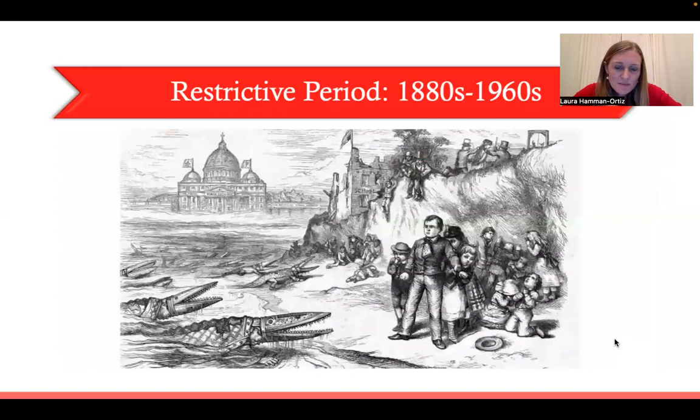And I think it's important to point out that it wasn't just Asians and Chinese immigrants that were being vilified in this way. I often share this with students because I'm Catholic, grew up Catholic, and even Catholics at this time were seen as a group to be feared. This is an example of Catholic bishops represented as alligators, who are coming in and destroying the US school system.